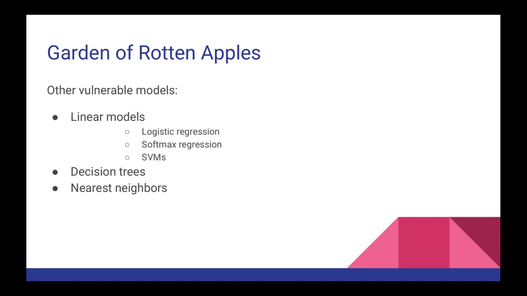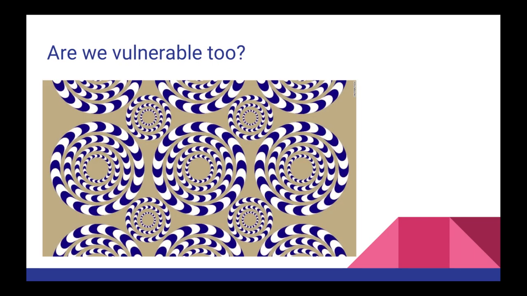So most machine learning classifiers, especially neural network classifiers, are trying to emulate the learning process of natural brains. And when they are vulnerable to adversarial examples, we may be too. The image that you're looking at here is actually not a GIF, it's not an animation, it's an optical illusion.